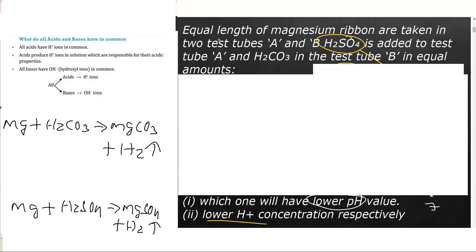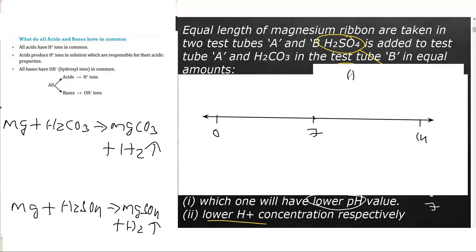Coming to the question once again. First, I'm drawing a pH scale here. So this is 7 for neutral, 0 for the most acidic, and 14 for the most basic.